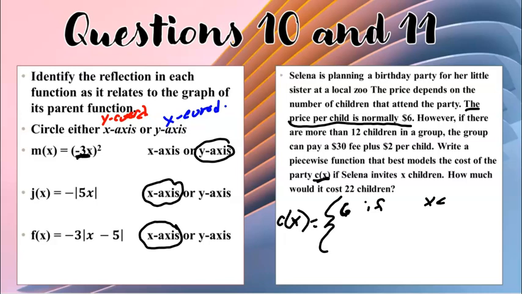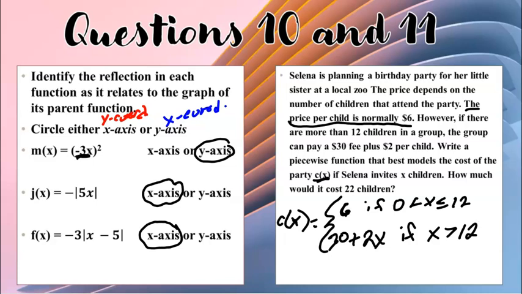So we're going to have $6 when x is less than or equal to 12, but it has to be greater than 0. You're going to pay $6 per child. Now, if you have more than 12, you're going to have to pay $30 plus $2 per child. So that's 30 plus 2x, if your x is greater than 12.